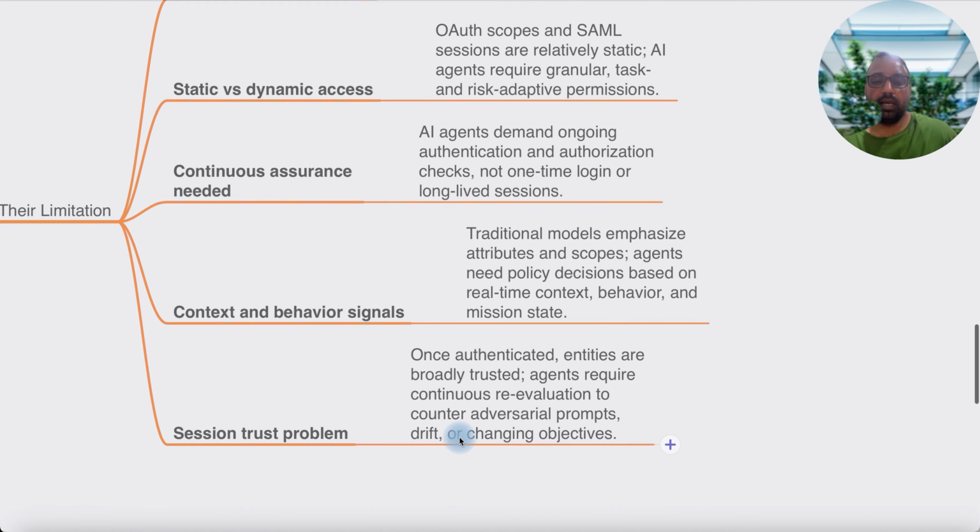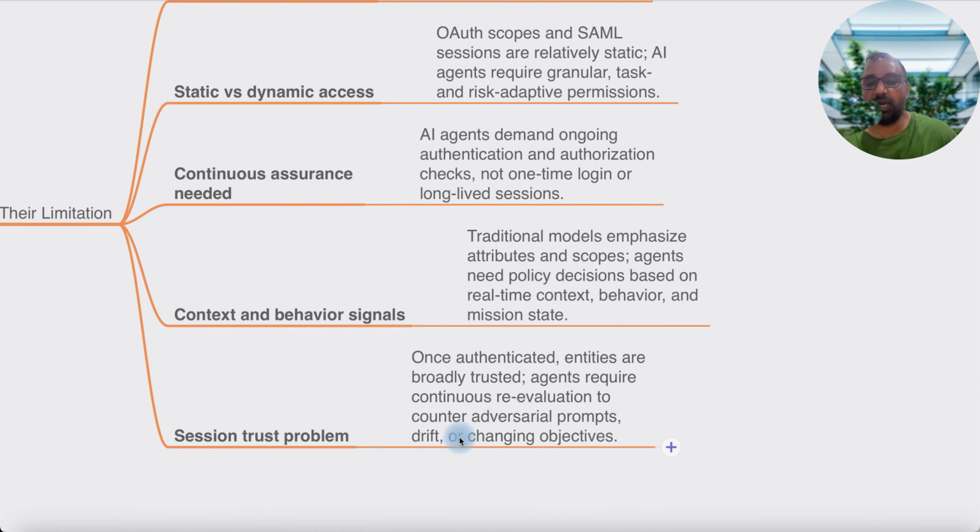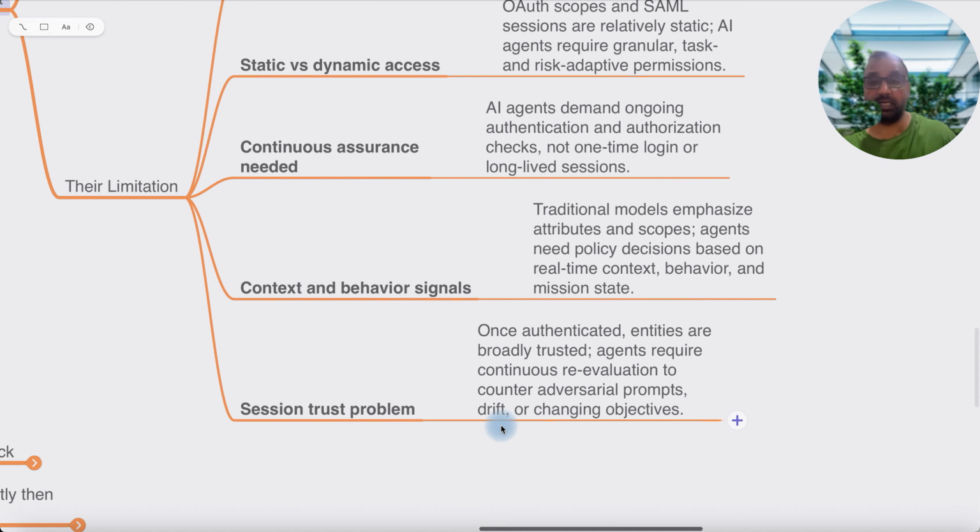Then the contextual and behavioral signals. So traditional models emphasize attributes and scopes. Agents, on the other hand, need policy decisions based on real-time context, behavior, mission state, and the input given by an agent or a human. And this is because of the dynamic nature of agents. The context is not there with the identity in these protocols.